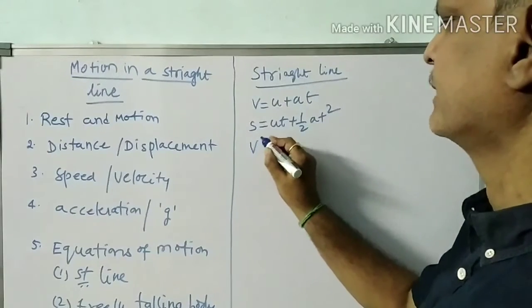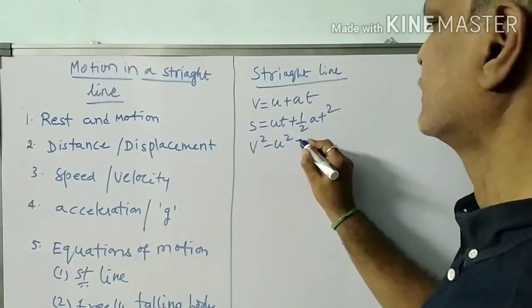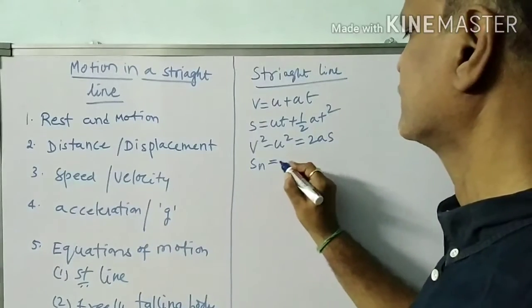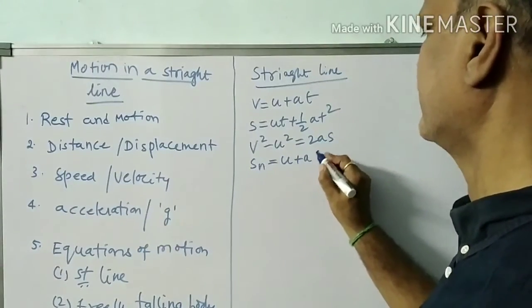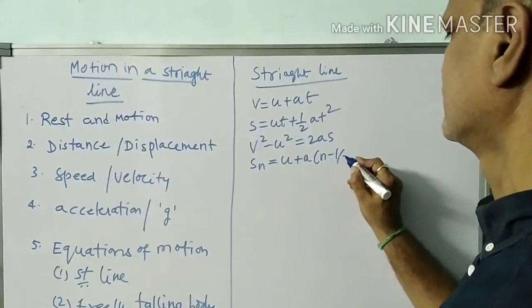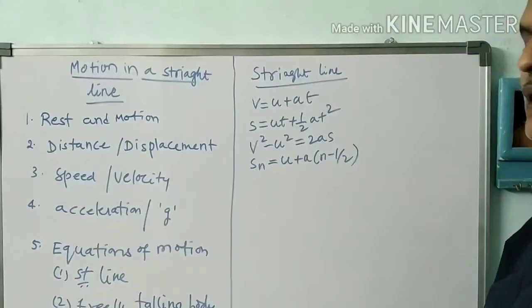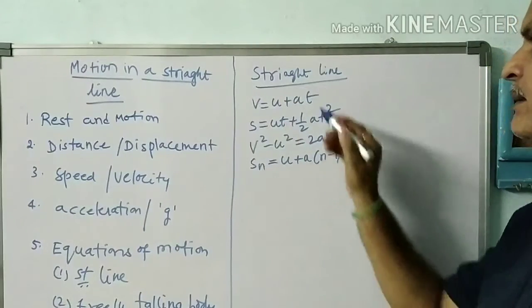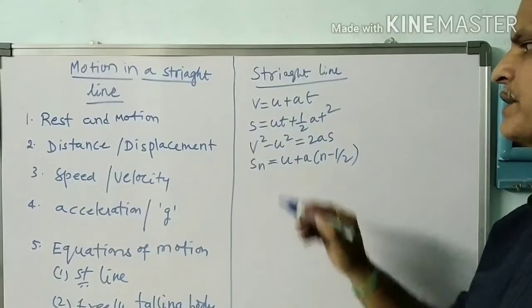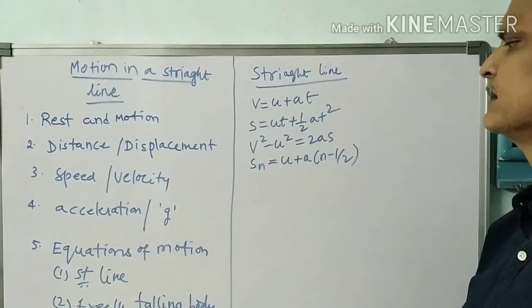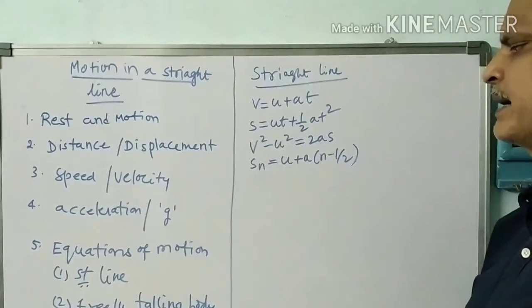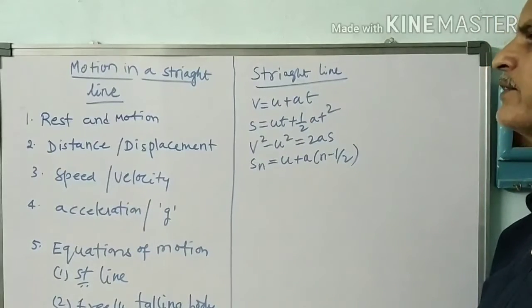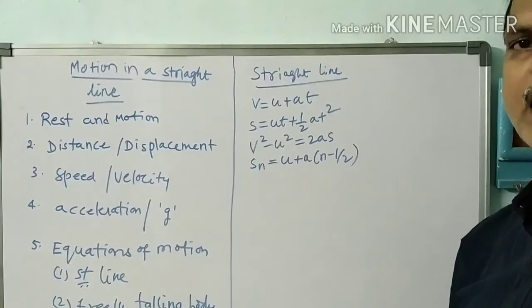Third one, V square minus U square is equal to 2AS. And the fourth one, Sn is equal to U plus A into N minus half. They have the regular meaning of terms. U is initial velocity, V is the final velocity, A is the uniform acceleration, S is the displacement, and T is the time taken.